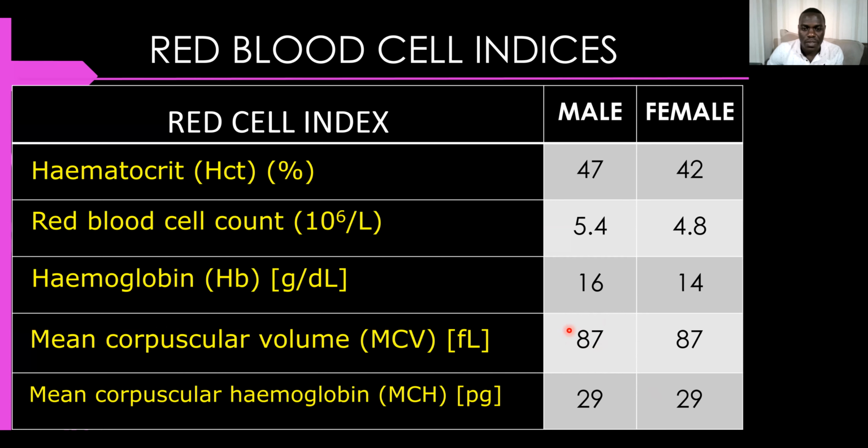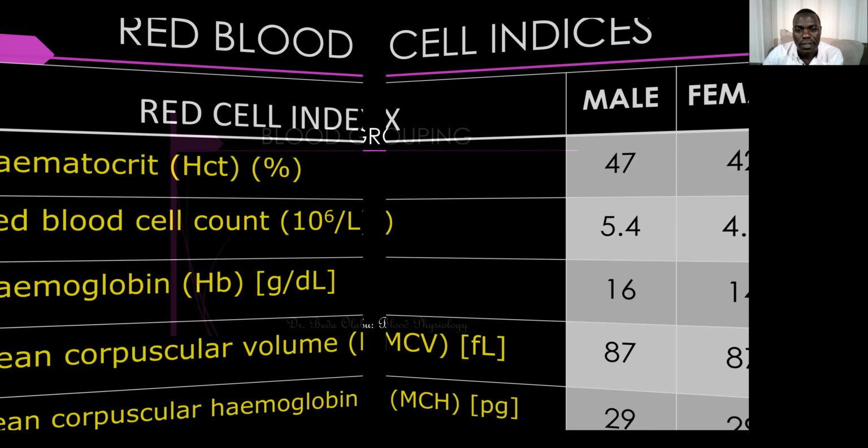So you can come across the term macrocytosis and microcytosis, or it can be given in their adjective form. So we talk of macrocytic and microcytic. You need to be familiar with those terms. These are the red cell indices.